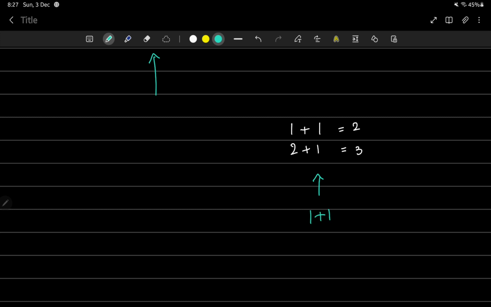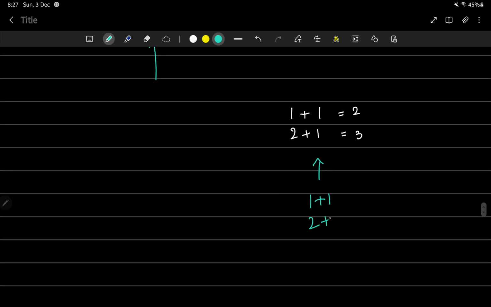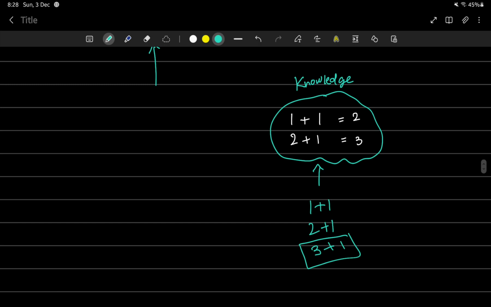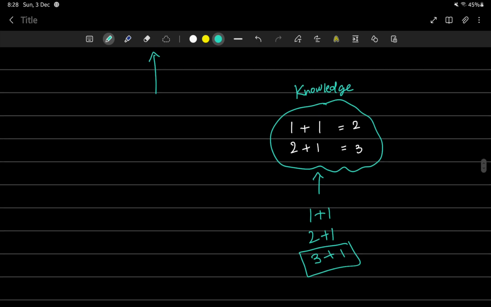If I ask it what is 2 plus 1, it will answer me, because it is hard coded in its knowledge. But the problem will begin when I ask it what is 3 plus 1. Now it will be like, okay, I don't know anything about this 3. And this is the problem with being omniscient, or with just knowing everything instead of being rational.